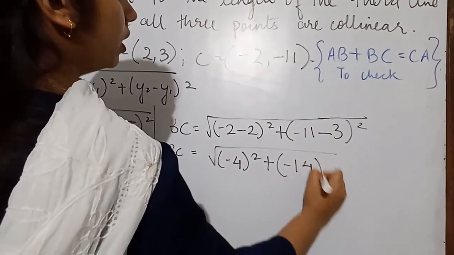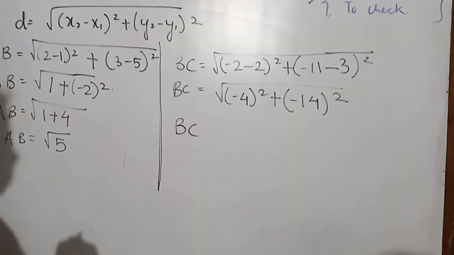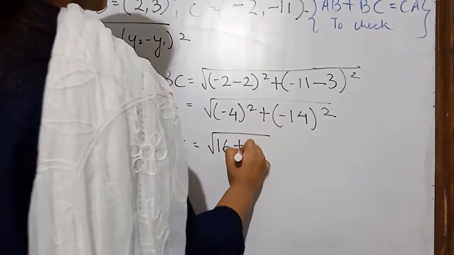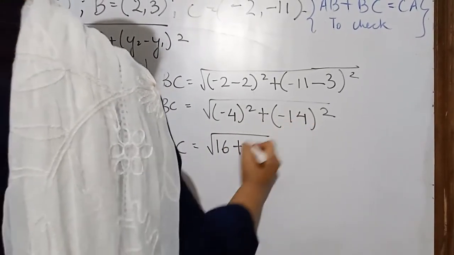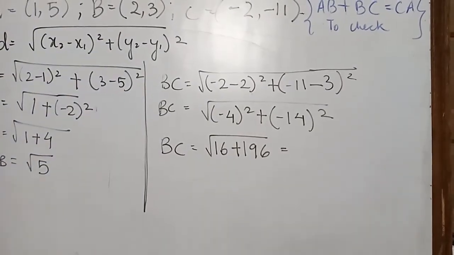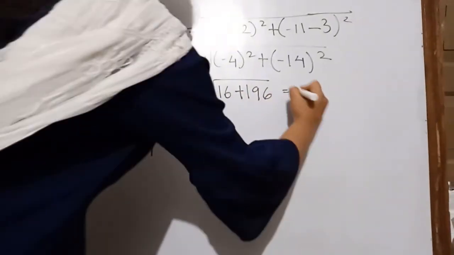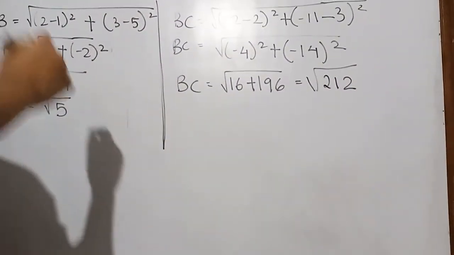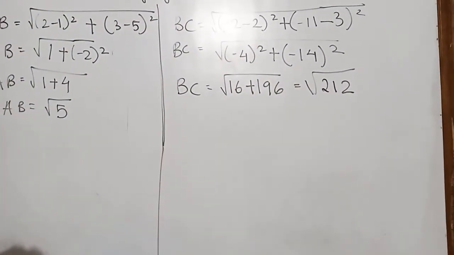Minus 14 whole square. So BC is equal to whole root of 16 plus 14 into 14 will give you 196, which is equal to root 212.